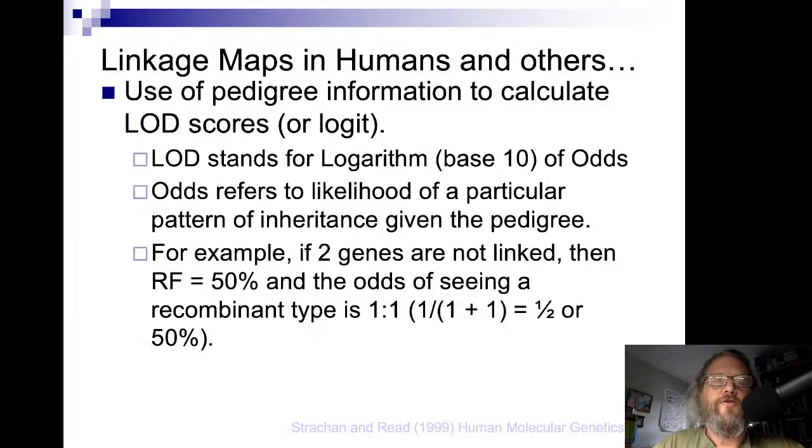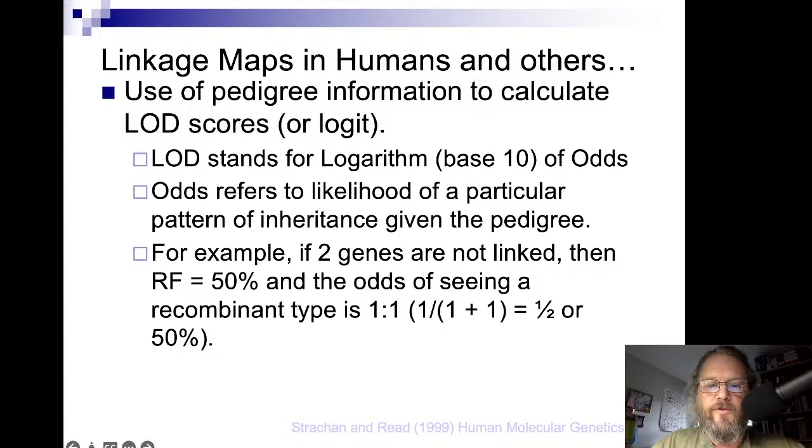Okay, so very quickly you recognize that this is a statistical problem, and so they have a way of coming up with what's called a LOD score, or load score, and it's based on a simple logit algorithm.